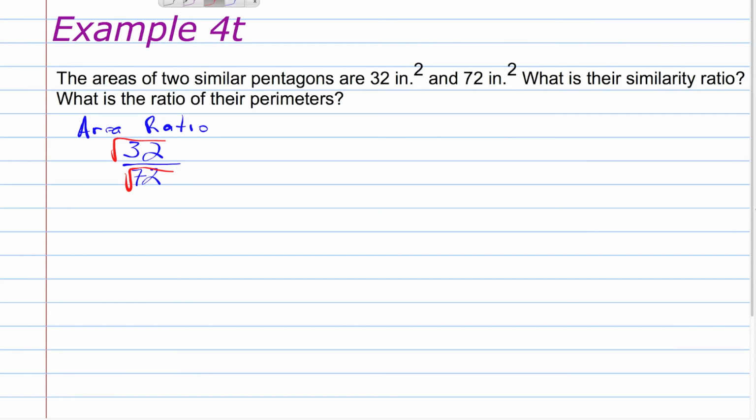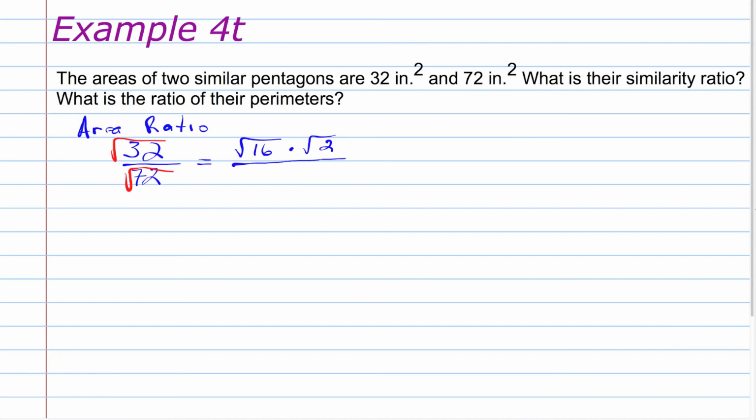Now, to do this, we should think of factors of 32 so that when we take the square root of it, we have a whole number. We need to think of perfect square factors. And the one that comes to mind for me is the square root of 16 times the square root of 2. These two factors will give the square root of 32. 16 times 2 is 32.